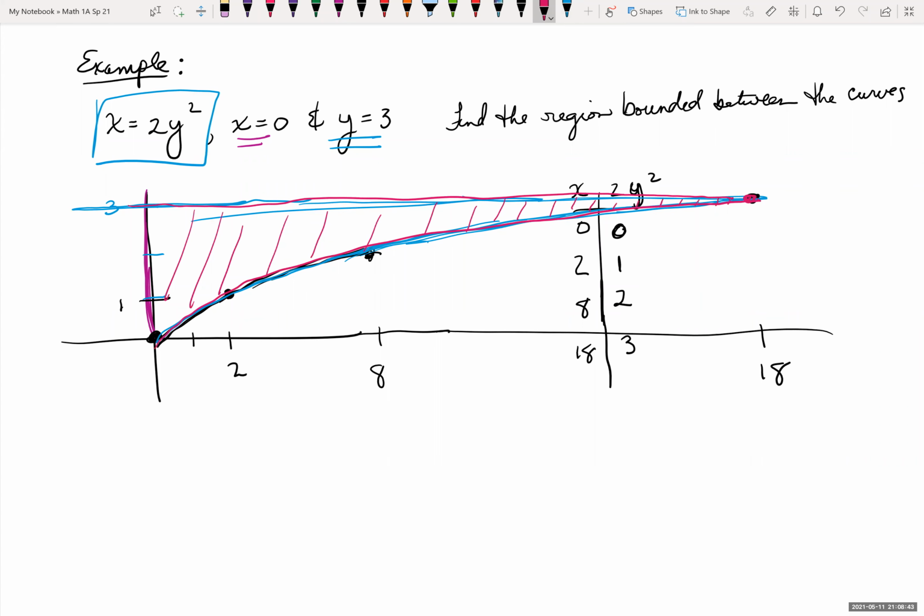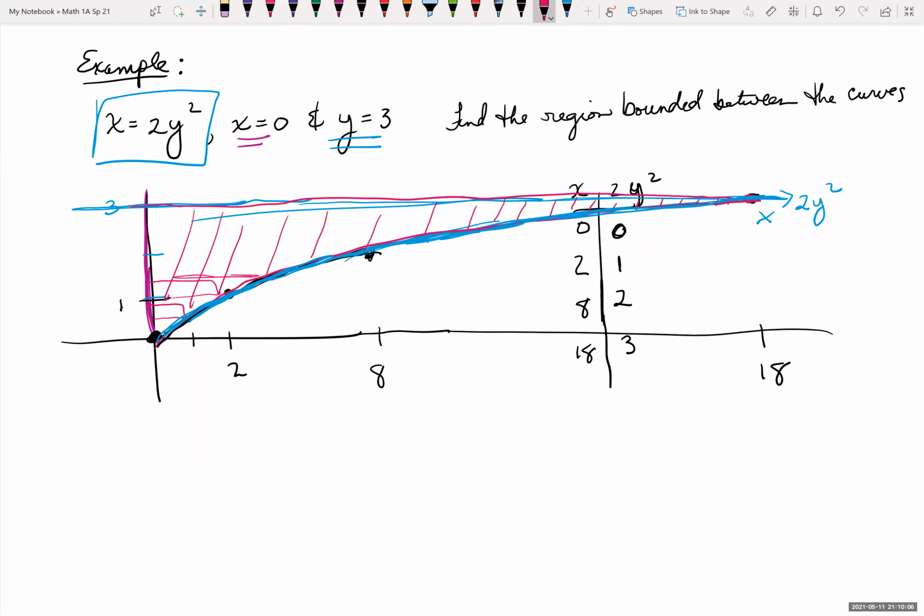We can keep this in terms of y, or we can change this in terms of x, and that's up to you. If you think of it as rectangles and keeping it in terms of y, you can see which function is on top and which one is the bottom. The bottom one here is x equals 0, and the top one is x equals 2y squared.